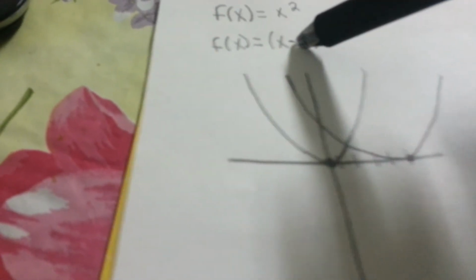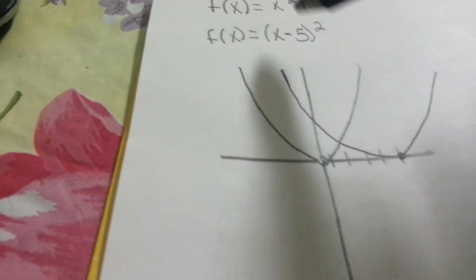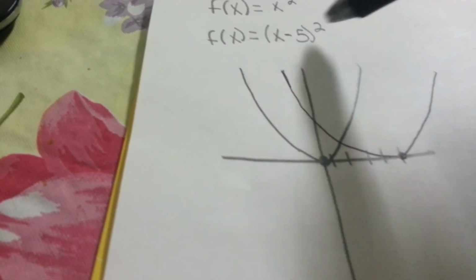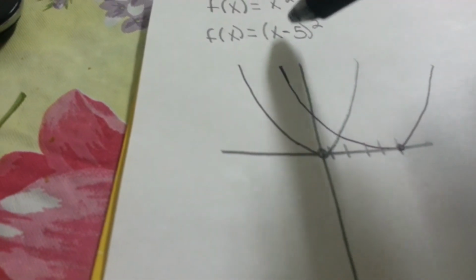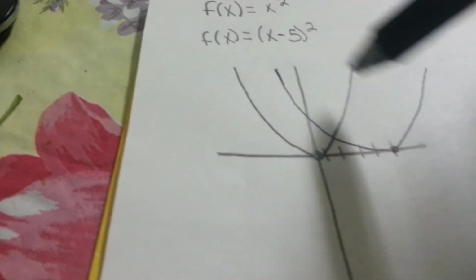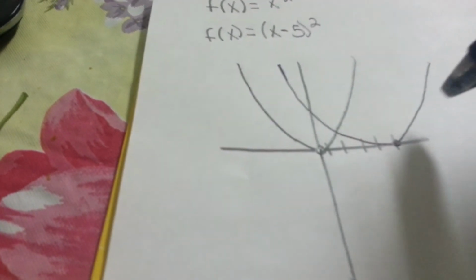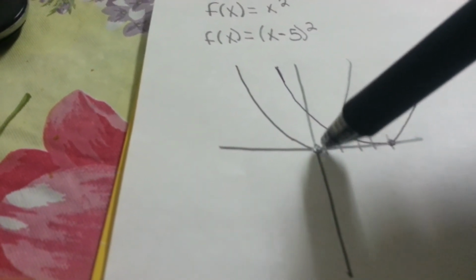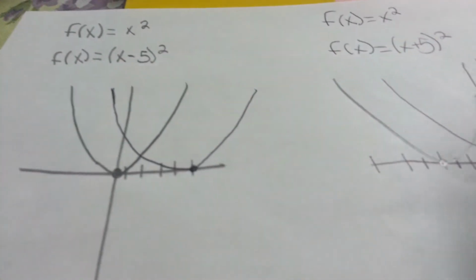We would move left if it was not in parentheses, but x minus 5 is in parentheses, so we're going to be moving the opposite way. Since it's subtracting, we go to the right. So it's just a parabola, but I move it to the right 5. So 1, 2, 3, 4, 5, and voila, I have my parabola.